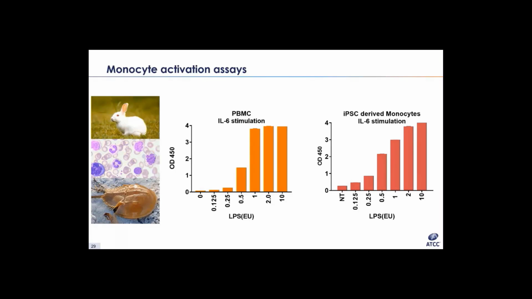We measured the secretion of interleukin-6, which is a pro-inflammatory cytokine that monocytes secrete when activated by something like LPS. As you can see, the interleukin-6 secretion increases as units of endotoxin increase. Thus, the iPSC-derived monocytes can be used as a humane, inexpensive alternative for conducting the MAT assay. And as I showed you, they have high potential to be differentiated into macrophages and dendritic cells.